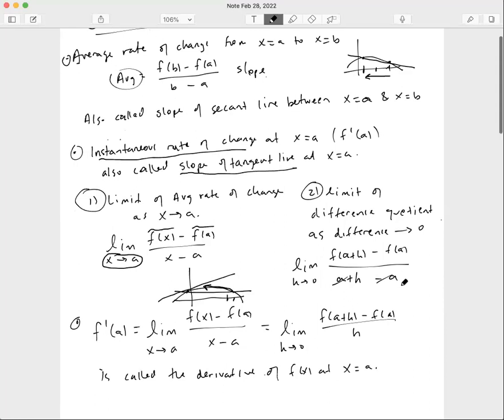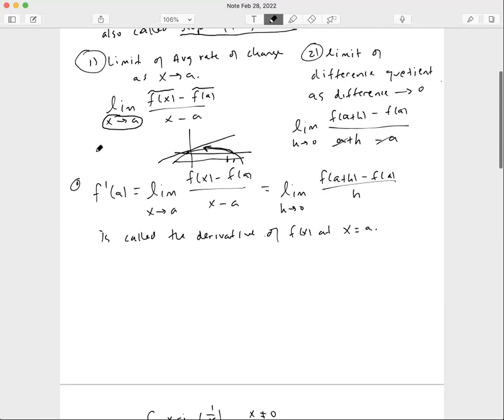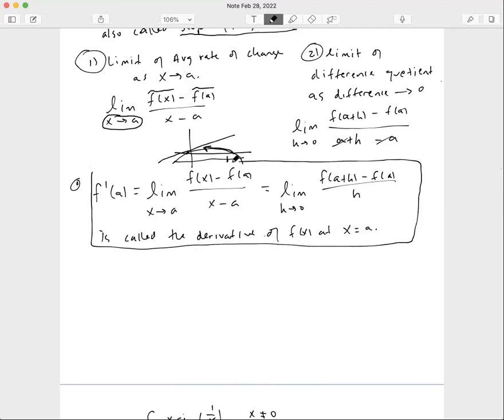So this is how we define the derivative. The derivative of a function at a point is the slope of the tangent line at that point, or the limit of the slopes of the secant lines.